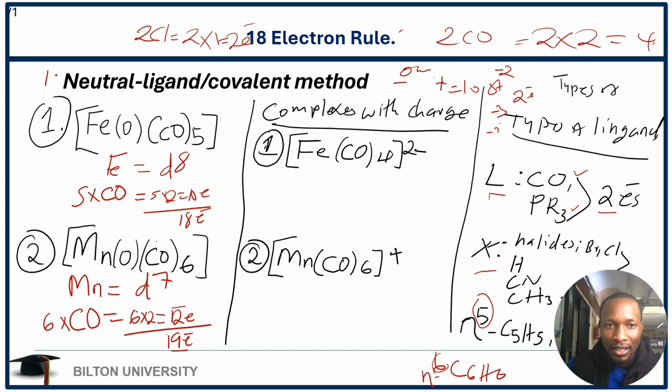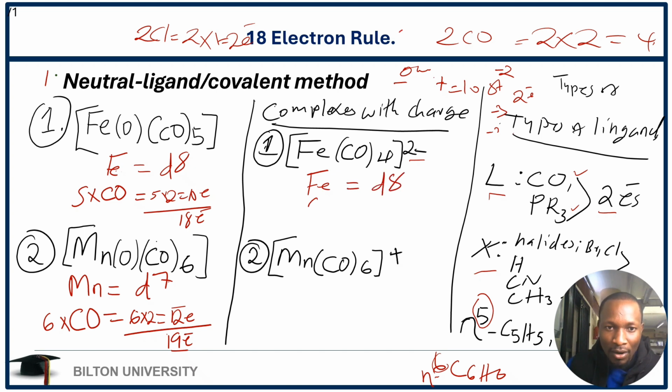The same thing in this category, we are still going to follow what we did in category number 1, or in complex 1 and 2, but now we have to take into account this charge that we have here. So we're still going to say our ion, which is d8, will contribute 8 electrons.